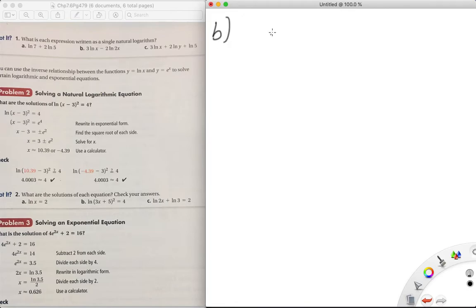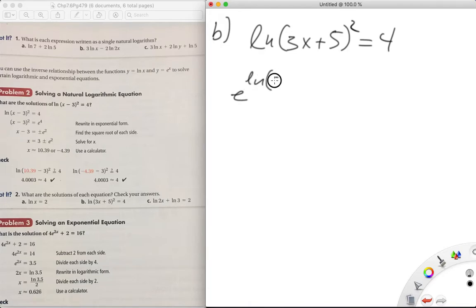For 2b, we have ln of (3x plus 5) squared equals 4. I'm going to raise both sides to the e, so that's e to the ln of (3x plus 5) squared equals e to the 4th power.